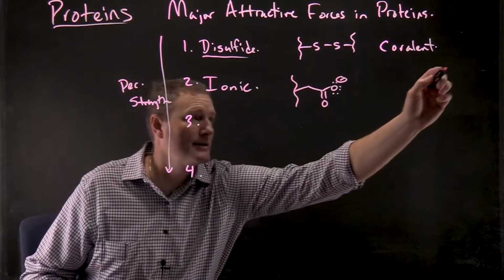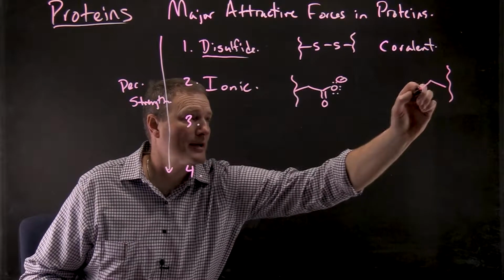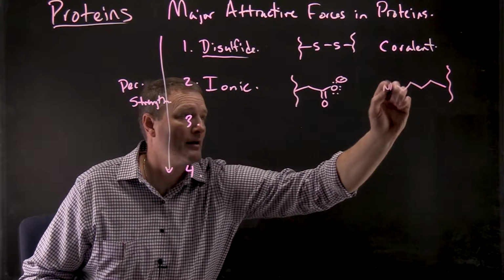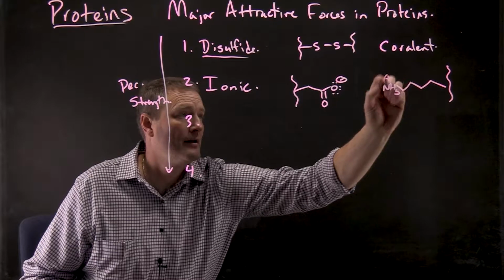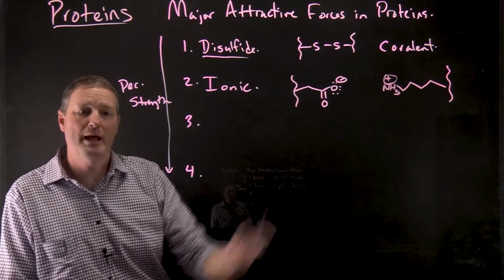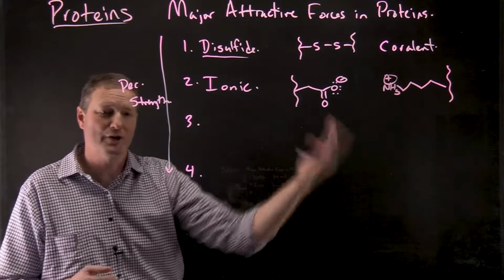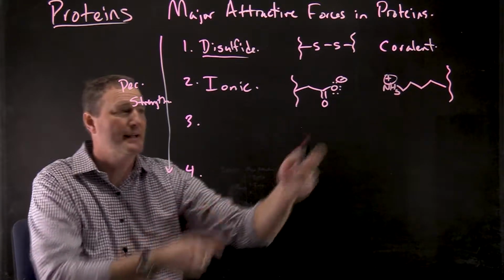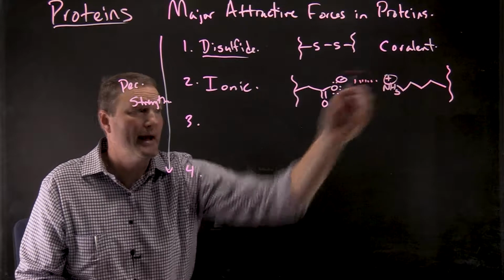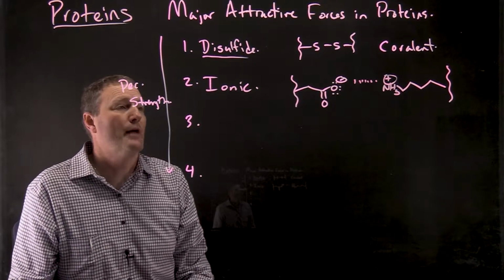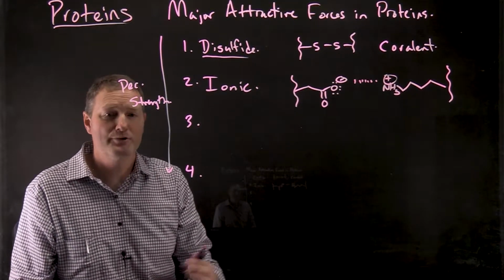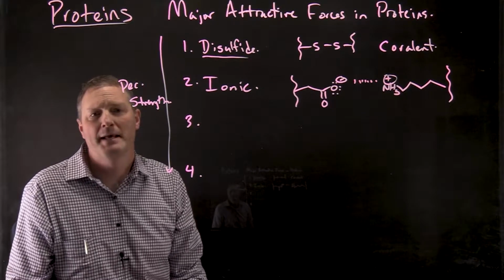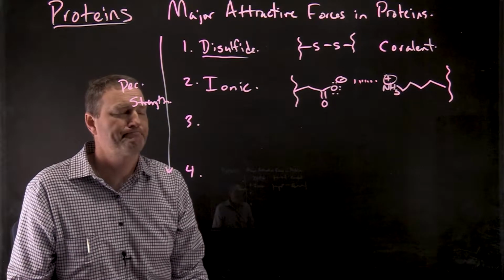And maybe on another end, let's say I had one of the basic amino acids, let's say lysine. Now if I bring this positively charged lysine in close proximity to the negatively charged carboxylate, this can form an ionic bond. And that's a fairly strong interaction. Now those are often called salt bridges in a protein.